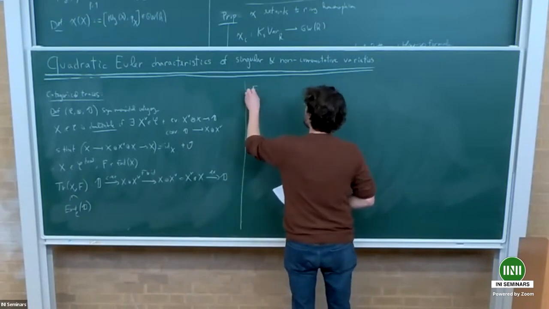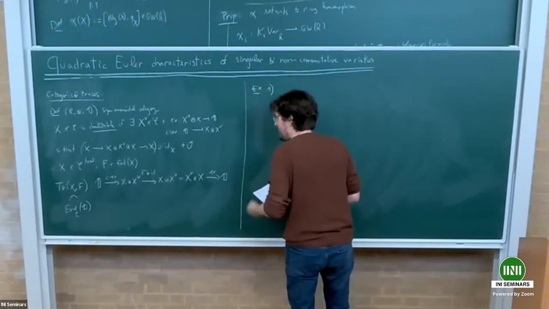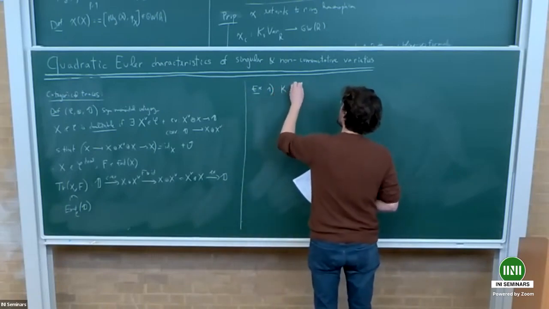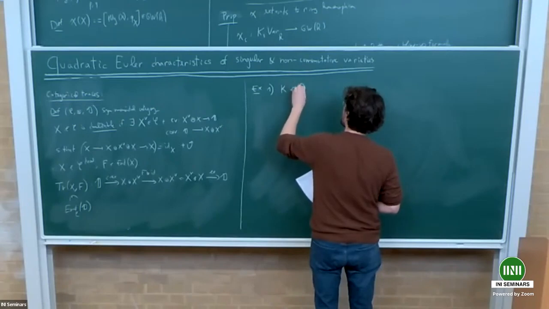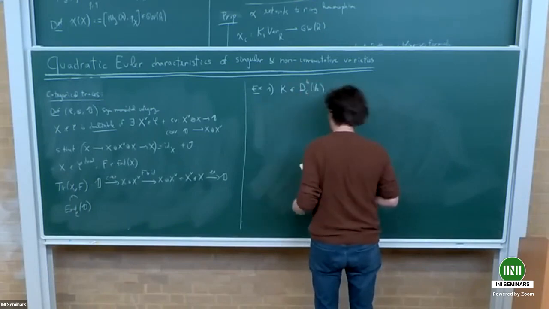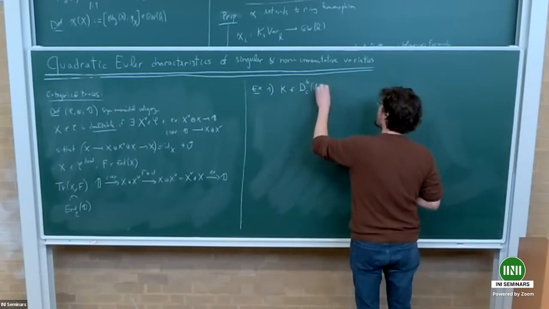So this seems a bit abstract, but it recovers a lot of standard definitions. So for instance, let's just take a bounded complex of vector spaces, right? So an object in the derived category.